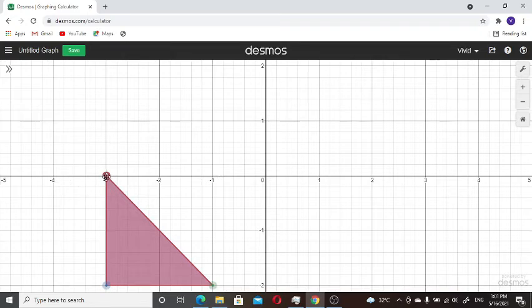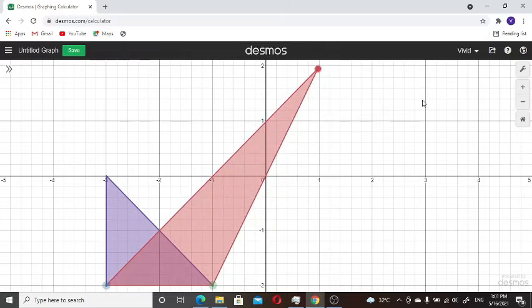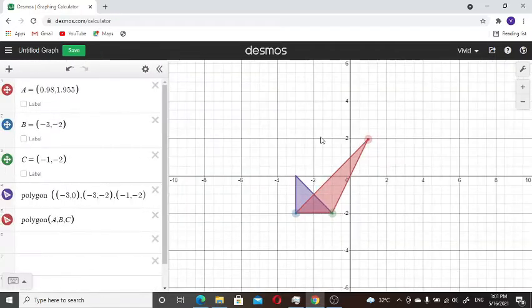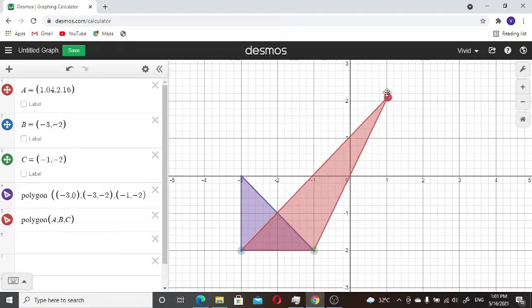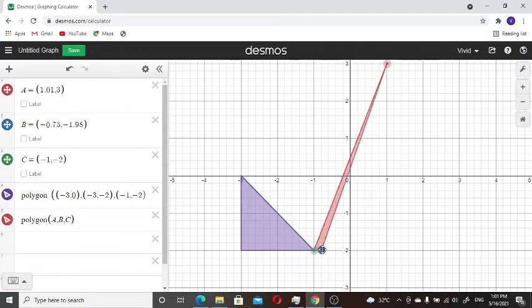So, with that being said, 4 on the x: 1, 2, 3, 4, and now 3 on the y: 1, 2. I'll have to zoom out now. Actually, let me bring this back out so it's easier. Zoom back in. So that's 1, 2, and 3. Don't pay attention to anything that's happening there. Just watch what I'm actually doing. So this is 1, 2, 3, 4.